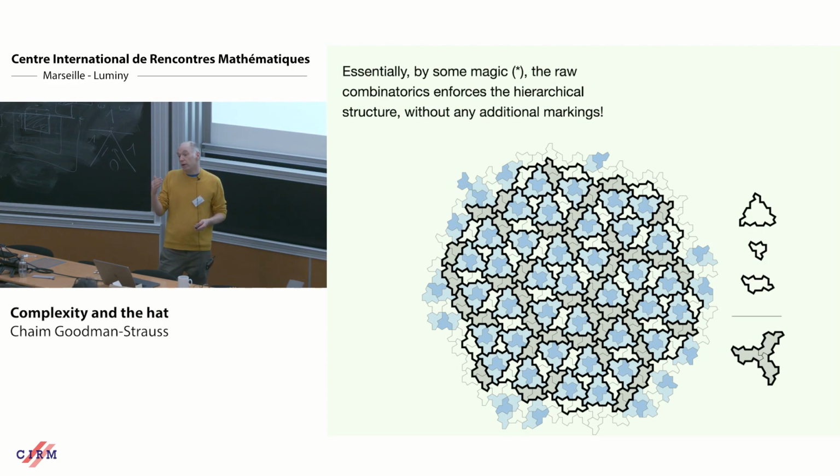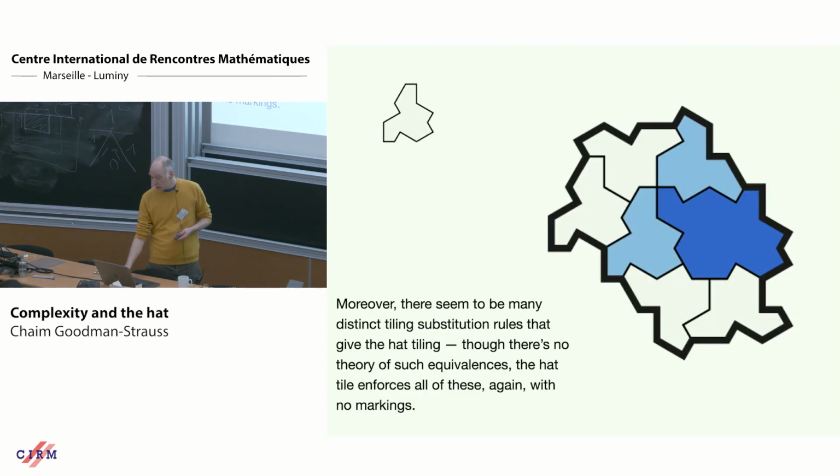Just to finally say a couple of things. It's really astonishing that it actually enforces several different non-compatible substitution structures, and I'm going to talk about that in a couple of weeks. I think that's a remarkable feature that we haven't seen before. And it's also remarkable that it enforces this substitution structure without any markings.